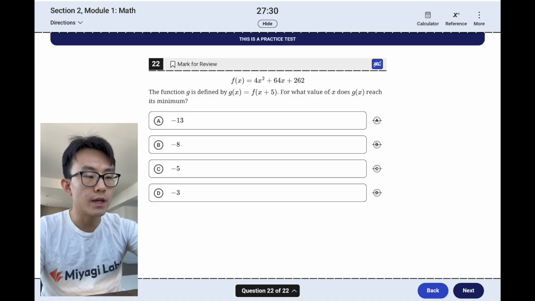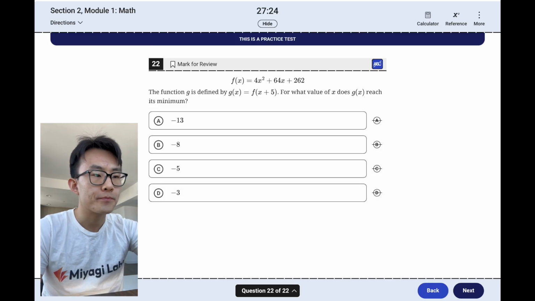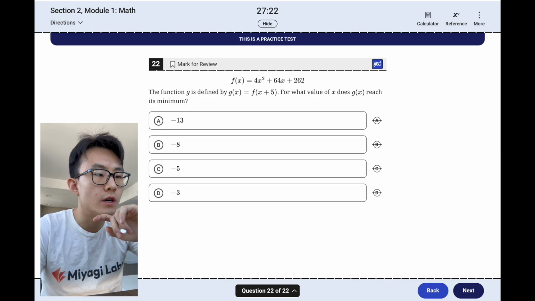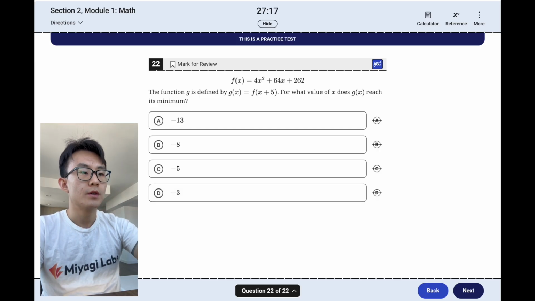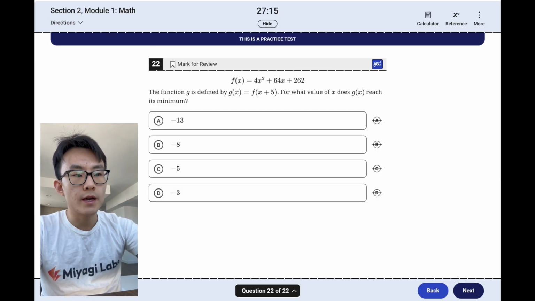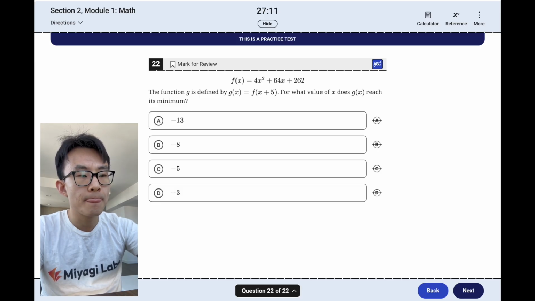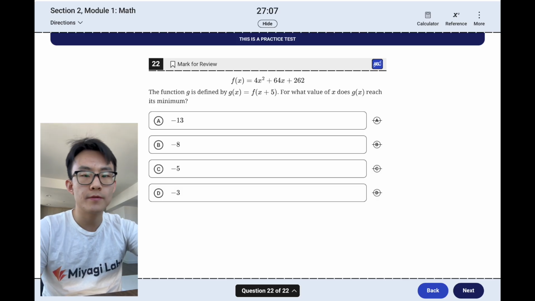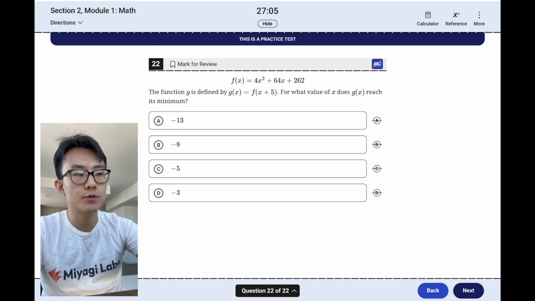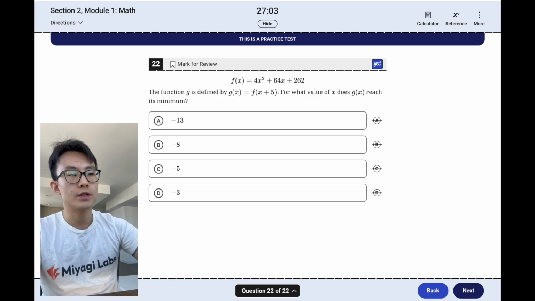G of x equals f of x plus 5. For what value of x does g of x reach its minimum? Okay, so what is the minimum of this? The minimum happens at the vertex, which is negative b over 2a, but we can also just plug it into Desmos.